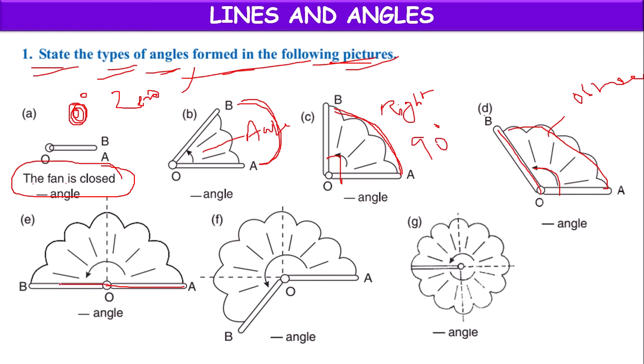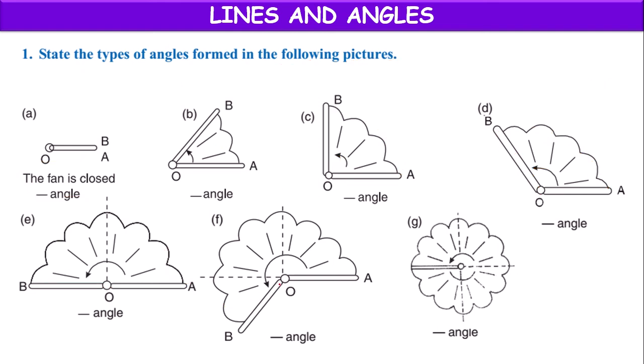If OA and OB are opposite rays to each other and lie on a straight line, then it is called a straight angle, which is equal to 180 degrees. If they are stretched more than 180 degrees like this, then it will be called a reflex angle.